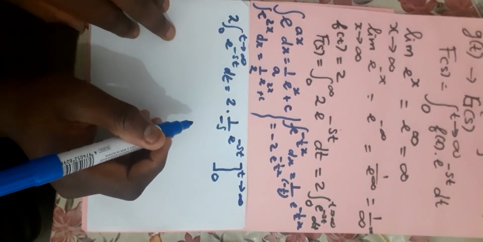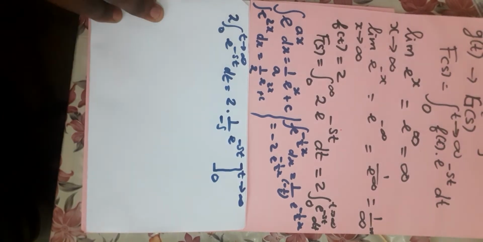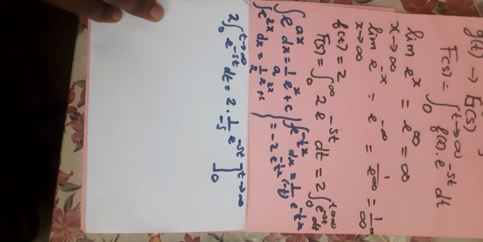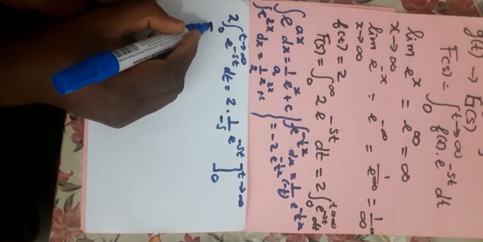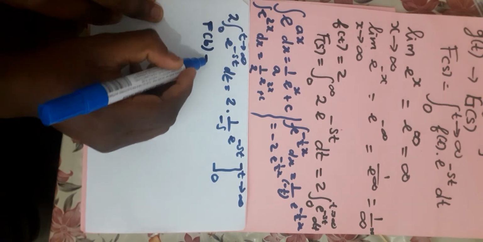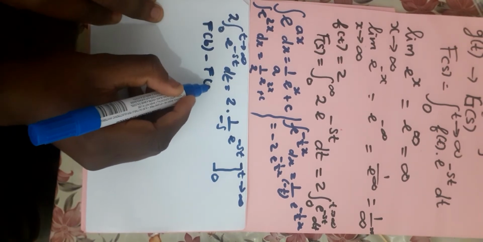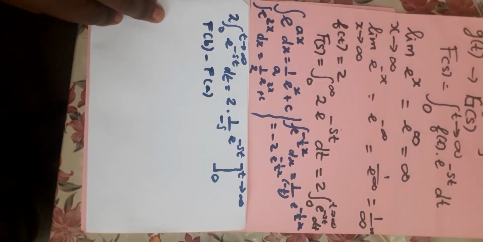Let me write it properly. You take f of the bigger limit minus f of the lower limit. So that's what we're going to do.